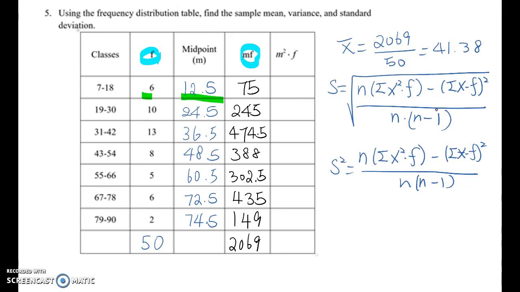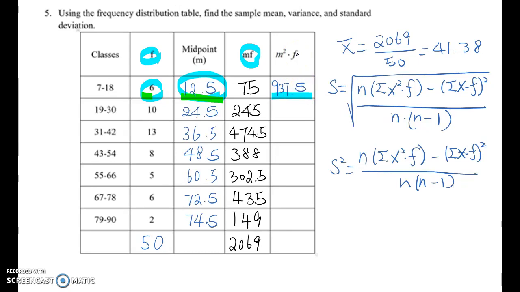Good. Anyway, we need to find m squared times f in the third column first, before finding the variance and the standard deviation. So the first blank will be 12.5 squared times 6. That is 937.5.